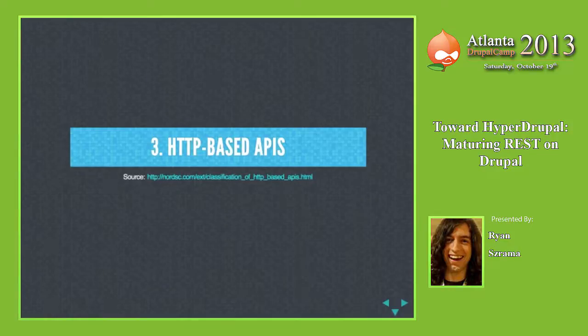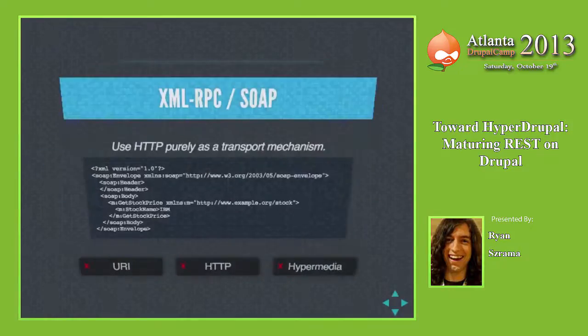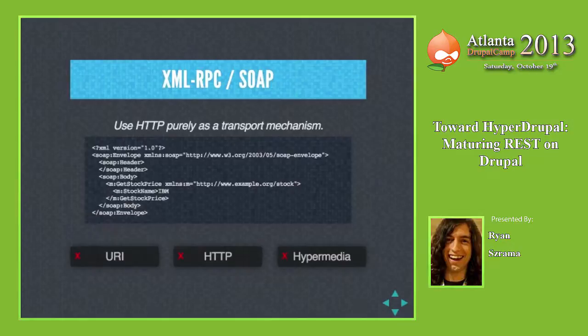The very first thing that people have been doing, of course, for a long time is XMLRPC and SOAP. So these types of APIs are using HTTP purely as a transport mechanism. The fact that you're using HTTP to send data to a server or request information from a server in this kind of API is almost like a detail, a side effect, I guess, of the fact that I'm on the internet.